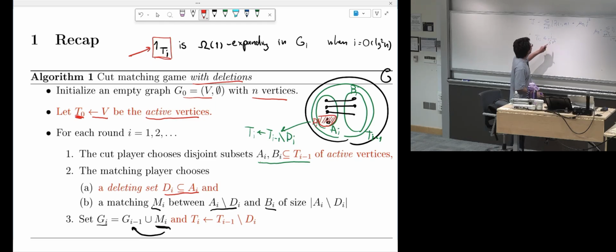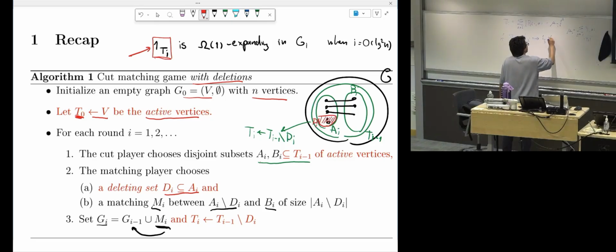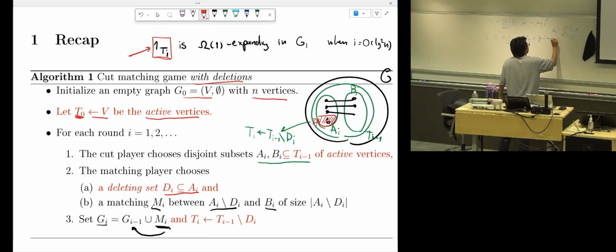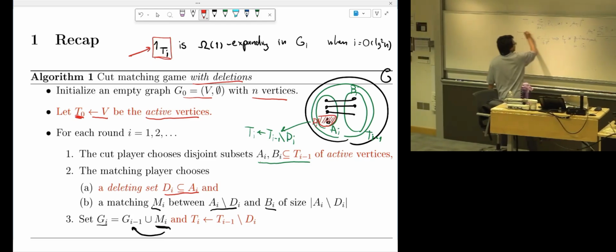For the deletion version, we make it a bit stricter to 16, but it doesn't really matter. Then we conclude that this is flow expanding in Gi. This is what we showed.